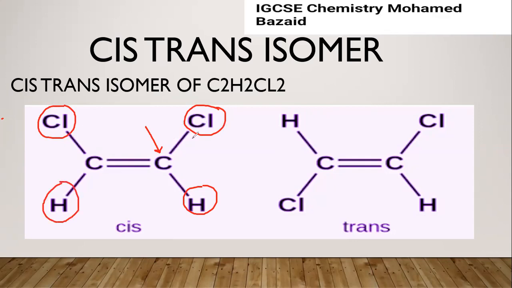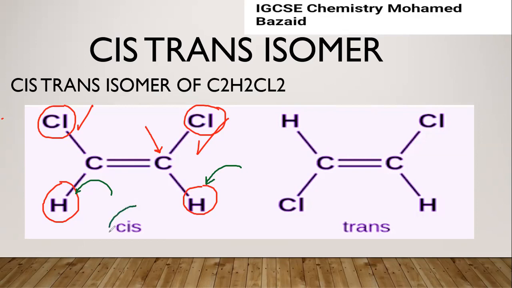The chlorine connected with the carbon on the right is drawn up, and the chlorine connected with the carbon on the left is drawn up as well. So both are in the same direction. Down here I have hydrogen, and down here I have hydrogen. The hydrogens are in the same direction. So two chlorines up, two hydrogens down.